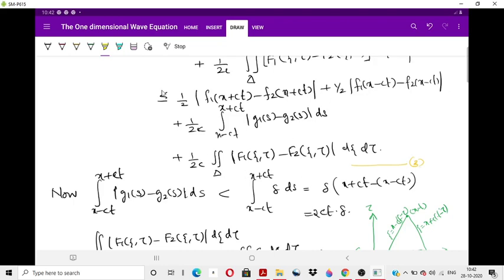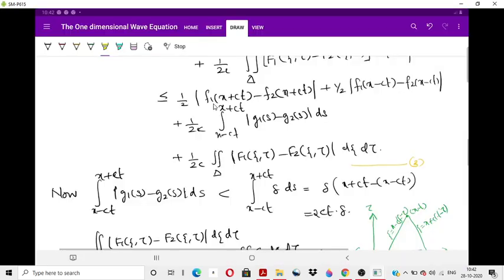Now we will reduce all these terms. We have taken mod of f1 minus f2 as less than delta, at the point x+ct and also at x-ct. So the first two terms will be 1/2 into delta plus 1/2 into delta.